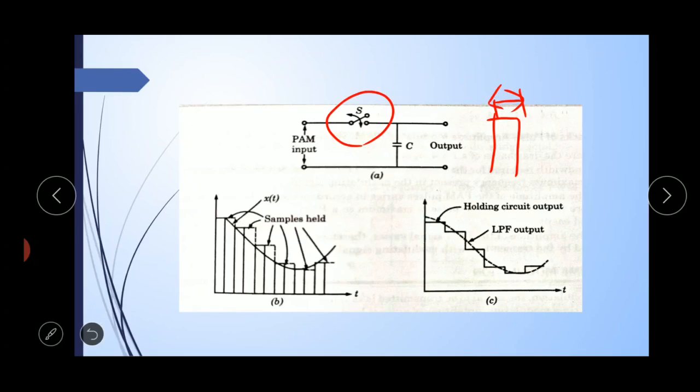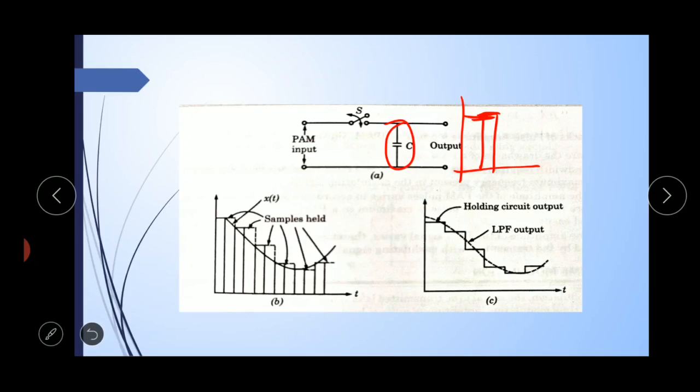After the end of the pulse, the switch is again opened. Within this duration, the capacitor is charged to the pulse amplitude value, the maximum amplitude of the pulse.